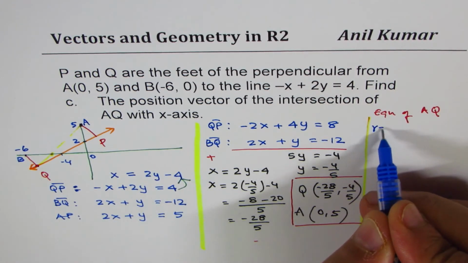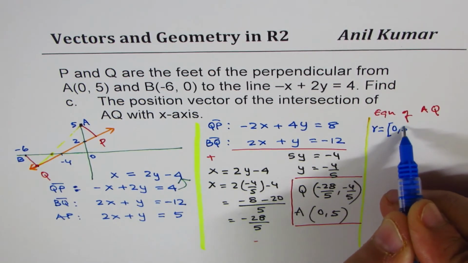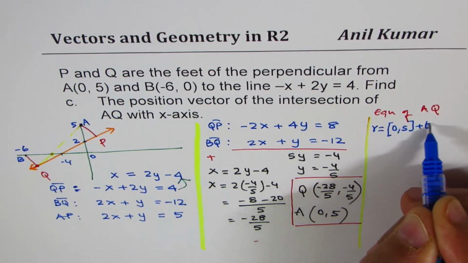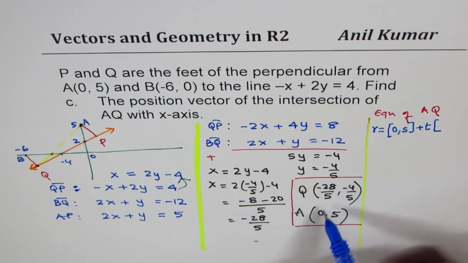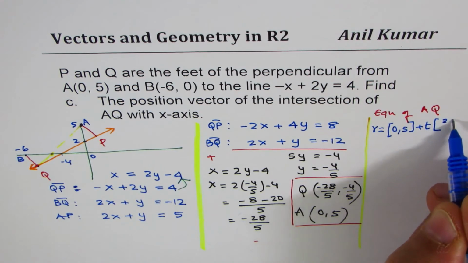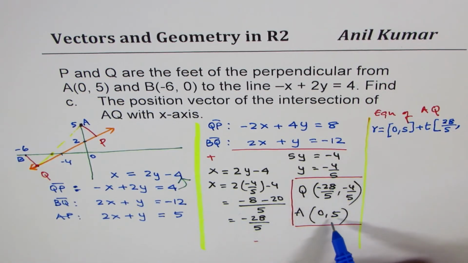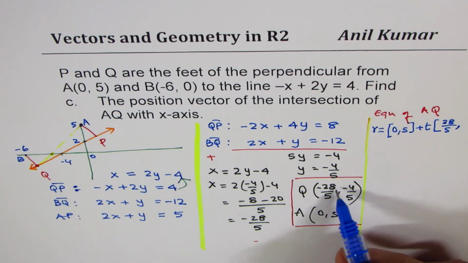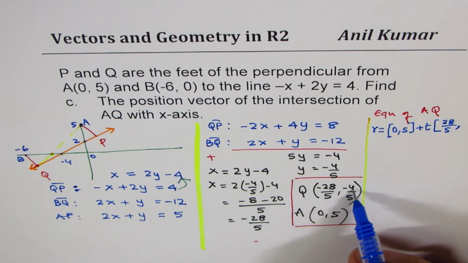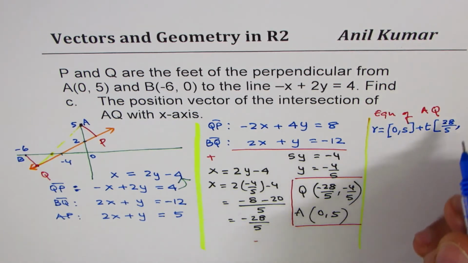Let's say r equals (0, 5) plus t times this minus this, right? So let me do 0 minus that. So it becomes 28 over 5, comma, 5 minus this.